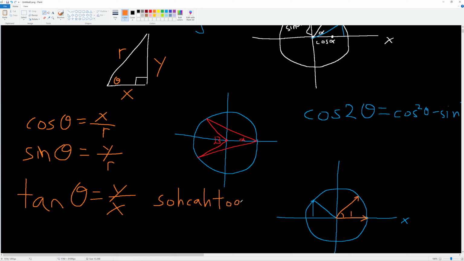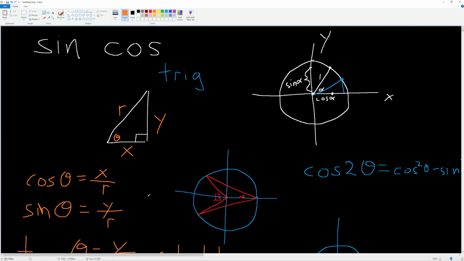But if you remember this SOHCAHTOA, sine is opposite over hypotenuse, cosine is adjacent over hypotenuse. Adjacent just means next to, yeah? And tangent is opposite over adjacent. And that will give you these ratios.